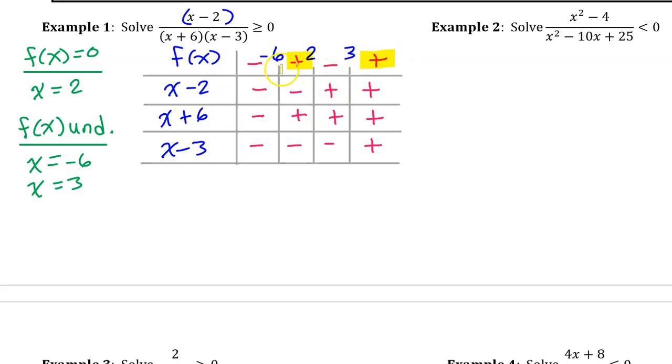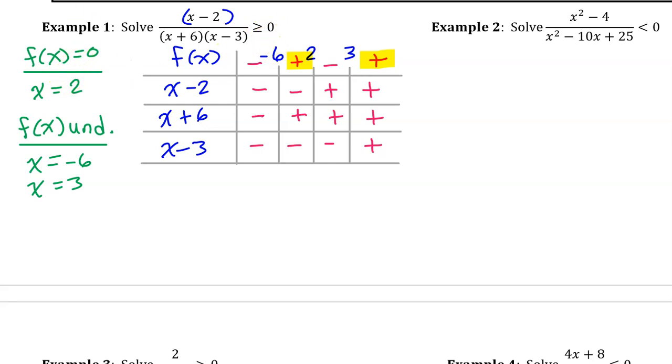Now what about the endpoints? The -6, the 2, and the 3. Will these be included? Well, yes and no. Because we are looking for values of x that cause f of x to be greater than or equal to 0, we're going to include any values that cause the function to be equal to 0.